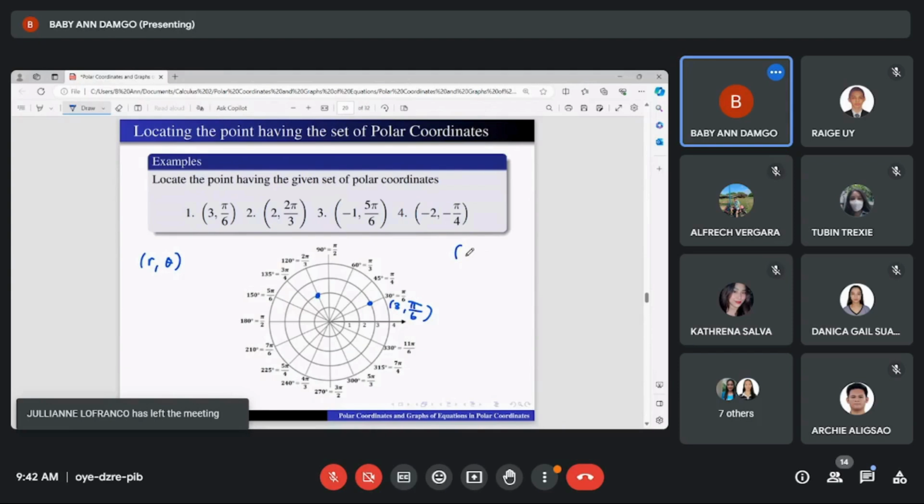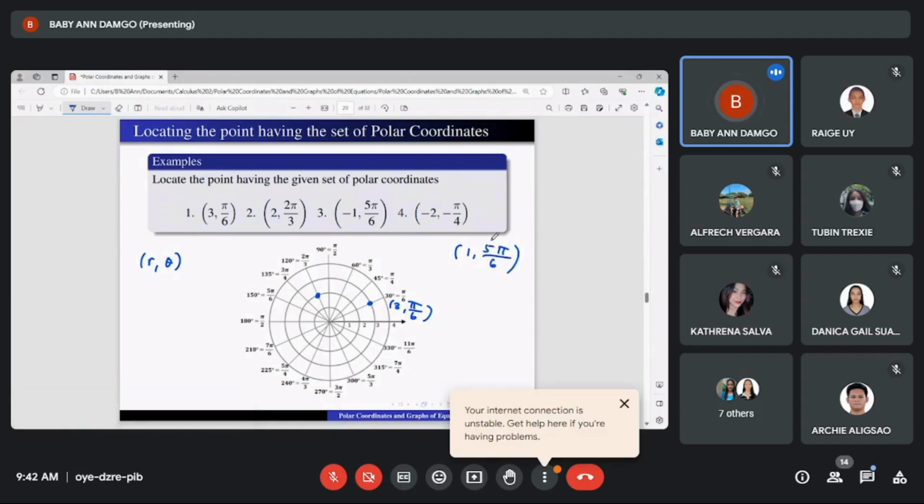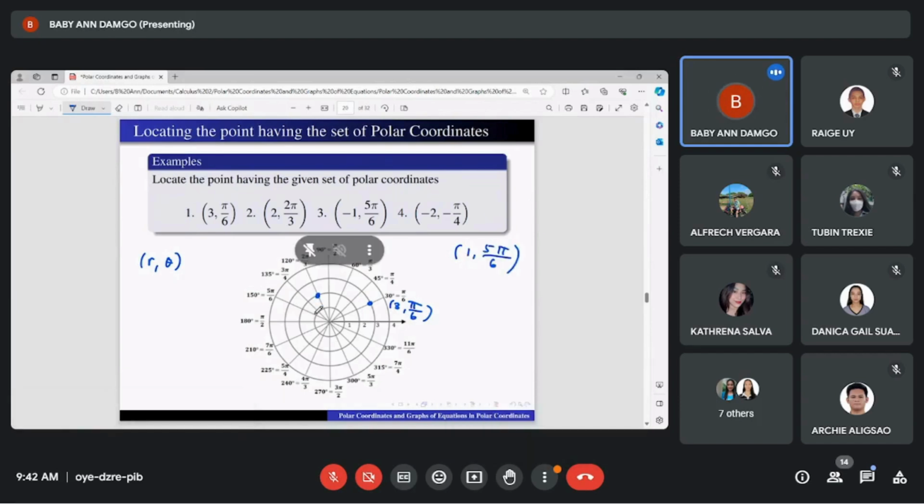So where is 1, 5 pi over 6? The 5 pi over 6 is here. Okay? So this is the point 1, 5 pi over 6. But what we are looking for, class, is negative 1, 5 pi over 6. So how do we locate it?